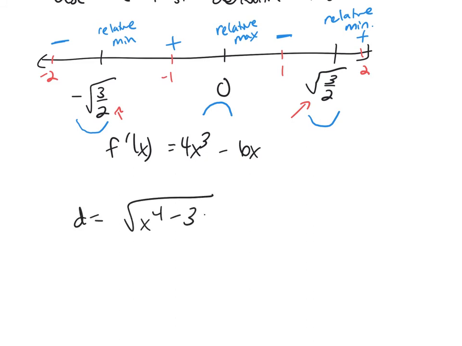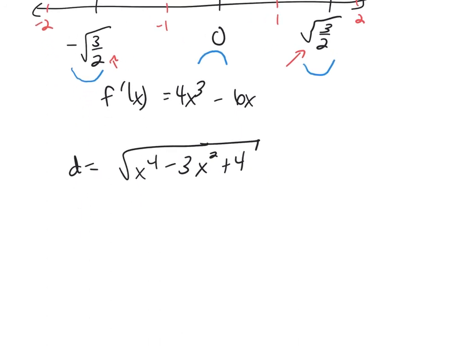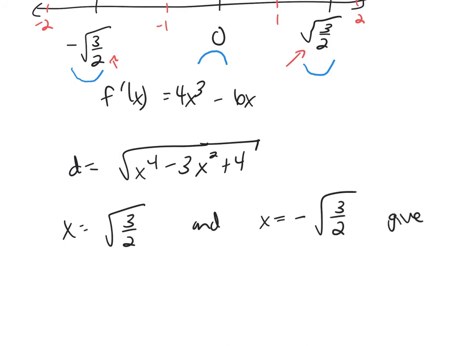And if you notice, all the powers of x are even here, so plugging in these two numbers will give you the same value for d. So what that means is that if x is the square root of 3 over 2, and if x is negative square root of 3 over 2, they give the minimum distance.